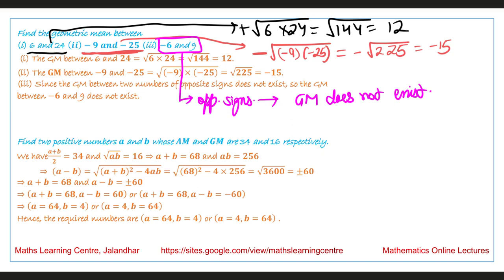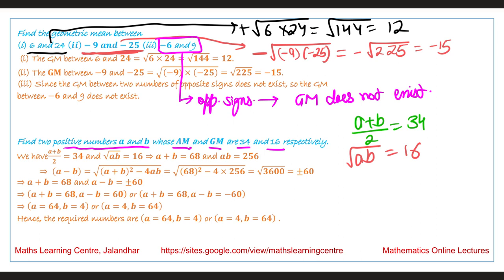Next is, find two positive numbers a and b whose arithmetic mean and geometric mean are 34 and 16. It is given that the arithmetic mean, a plus b by 2, is 34 and the geometric mean, square root of ab, is equal to 16. Now we know that (a minus b) whole square is equal to (a plus b) whole square minus 4ab.